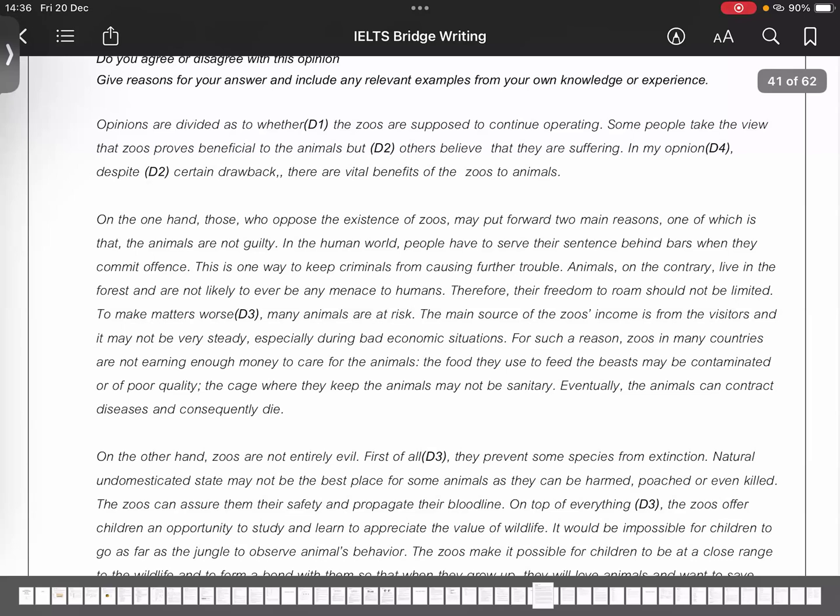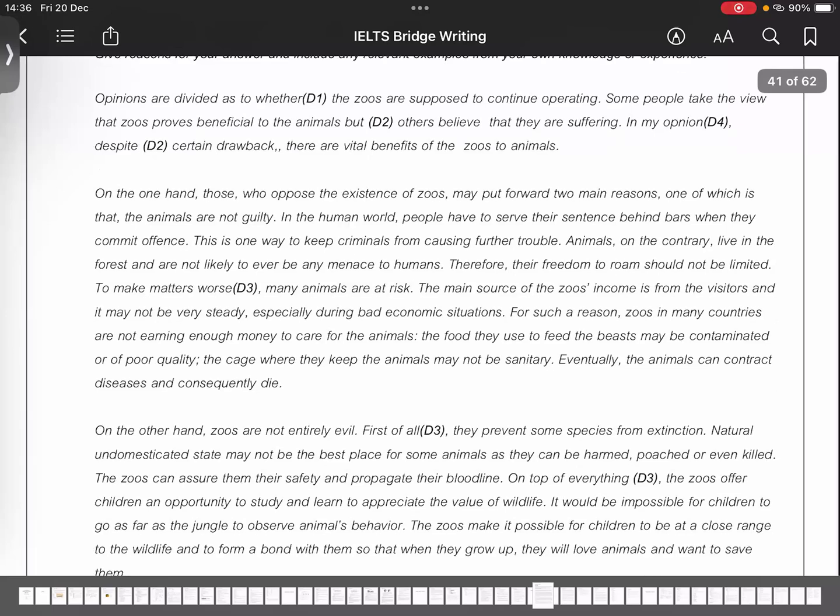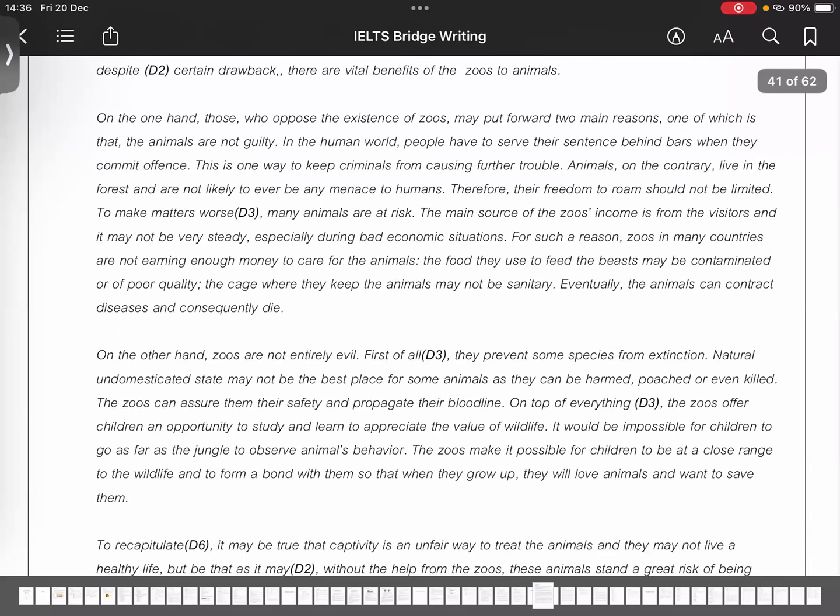However, if you move on to the next paragraph, he's going to try to counter all those negative aspects by saying that on the other hand, zoos are not entirely evil.